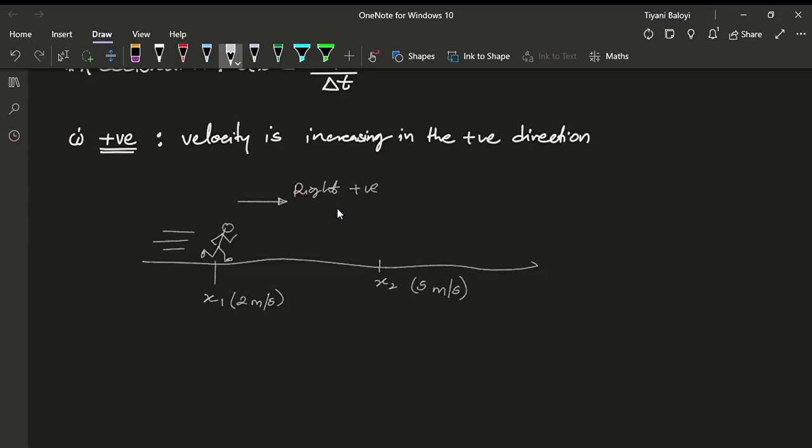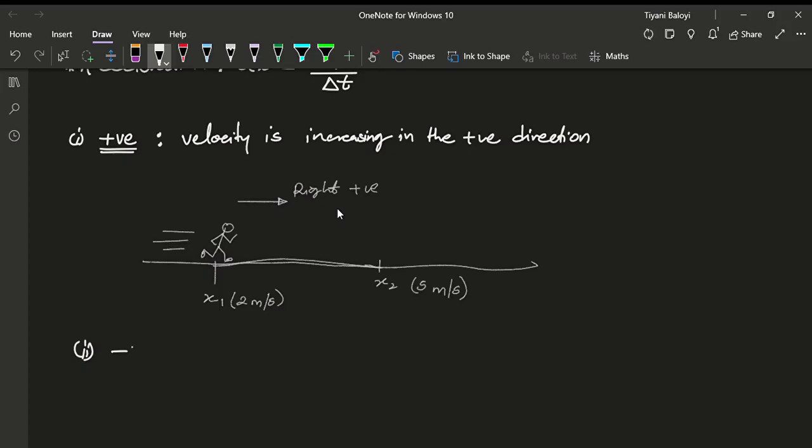So they increased their speed, moving from 2 to 5 meters per second. We have a change in speed, so velocity is increasing in the right direction. It propels the motion forward. That's what we call positive acceleration.